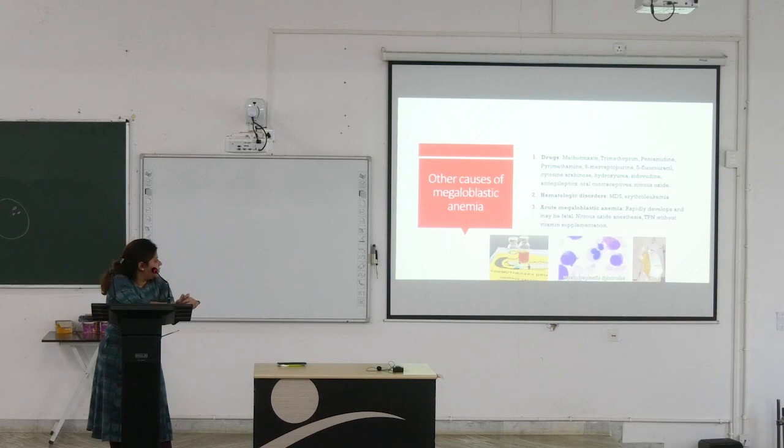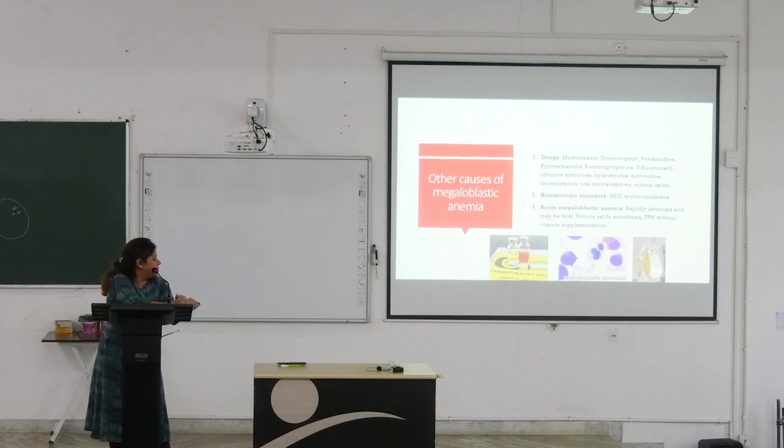Apart from that, cytosine arabinoside, 5-fluorouracil, 6-mercaptopurine. Apart from that, zidovudine. What is zidovudine? Anti-HIV. Oral contraceptives. What is nitrous oxide? It is an anesthetic. These drugs can also cause macrocytic megaloblastic anemia.